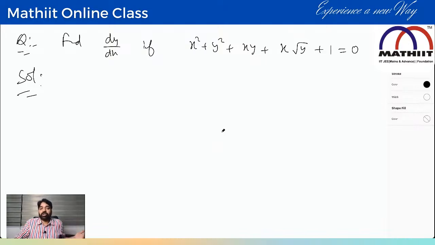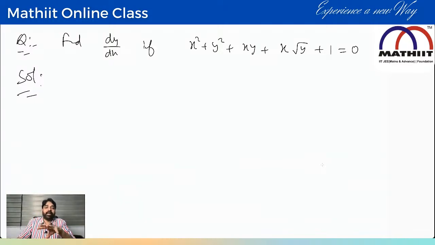Till now, whatever the question was, y equal to something was there, and they were asking dy by dx. Happy, we are able to solve. Now what they did, they mixed x and y and asked you to find dy by dx. No problem, you can differentiate throughout. Any kind of equation or expression is given, you can differentiate.